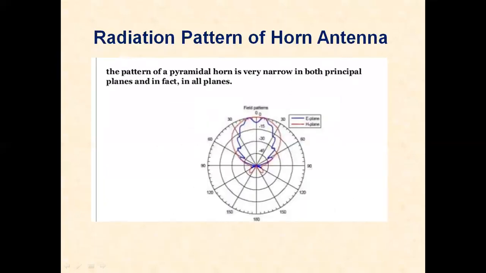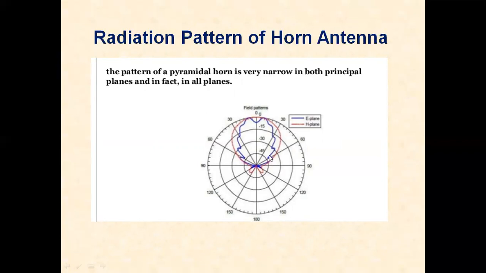And this is the radiation pattern of horn antenna. The pattern of the pyramidal horn antenna is very narrow in both principal planes. So it is a unidirectional type of radiation pattern. Suppose it is placed like this, when we are feeding through the waveguide, it is radiated into space.